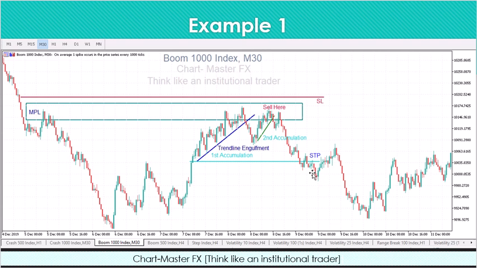You can see the price reacted here, and also here the price was able to react to some of these demands. I don't know if it was this one or this one. So the price reacted here, but finally what is important is that our safest take profit was hit. So that's it, guys, on example 1 on the Boom 1000.